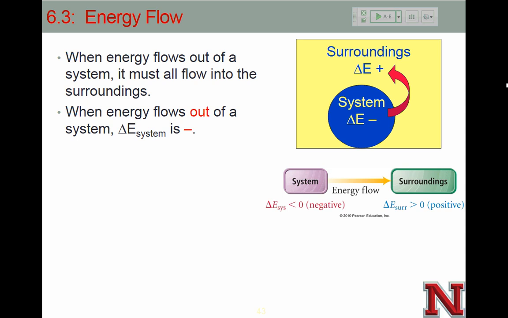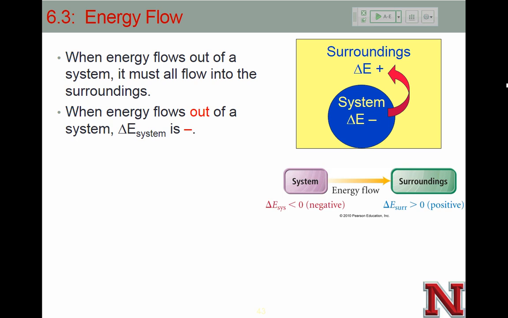So when energy flows out of a system, our delta E of our system is going to be negative. It's going to have less energy at the end of whatever occurred. Whether we're talking about a chemical reaction or a transformation, this is a true concept.